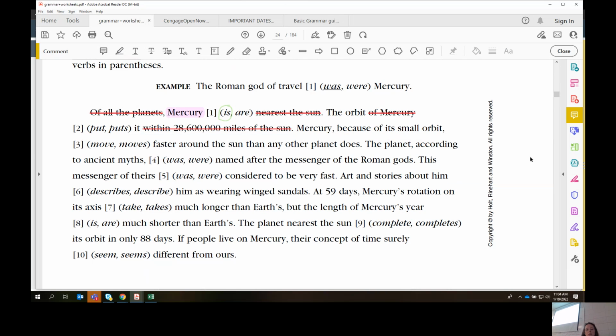So Anthony, looking at number two, what's the only thing left that can be the subject after I marked all that stuff out? It's okay to be wrong. Orbit. That's it. That's all that's left. We don't care what it is. It's not in a relationship with a verb. Orbit is singular. So the verb has to have an S. Singular subject, S on the verb.